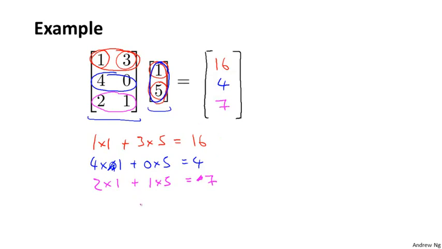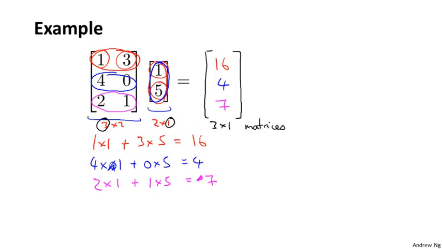It turns out that the result of multiplying a 3 by 2 matrix by a 2 by 1 matrix, which is also just a two-dimensional vector, is going to be a 3 by 1 matrix. So that's why I get a 3 by 1 matrix.